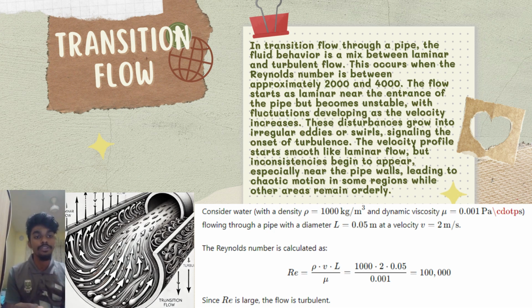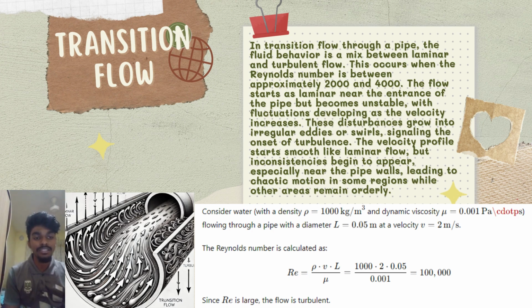The disturbances grow into irregularities or swirls, signaling the onset of turbulence. The velocity profile starts smooth like laminar flow, but inconsistencies begin to appear, especially near the pipe walls, leading to chaotic motion in some regions while other areas remain orderly.